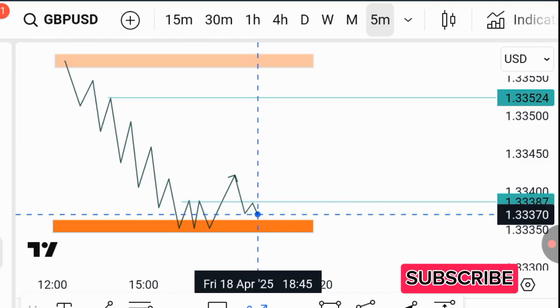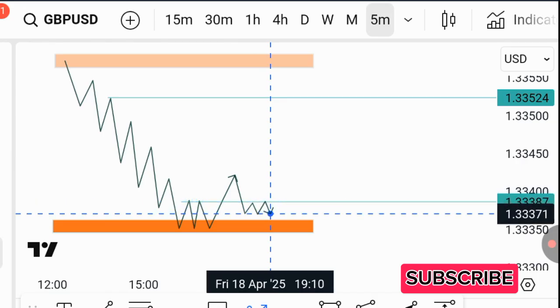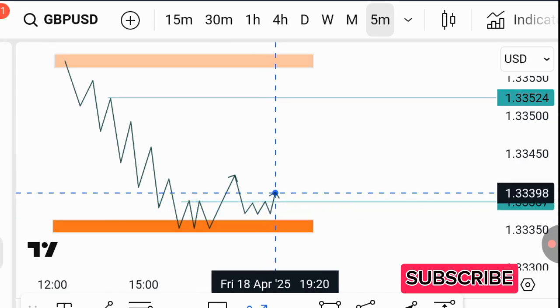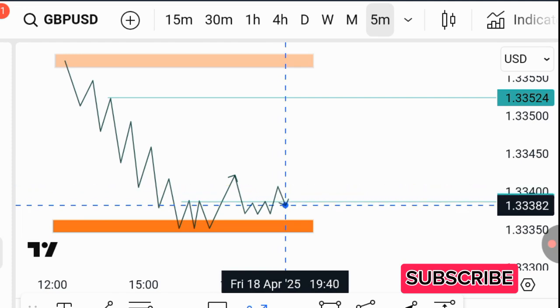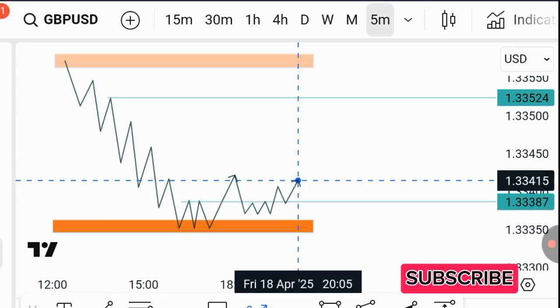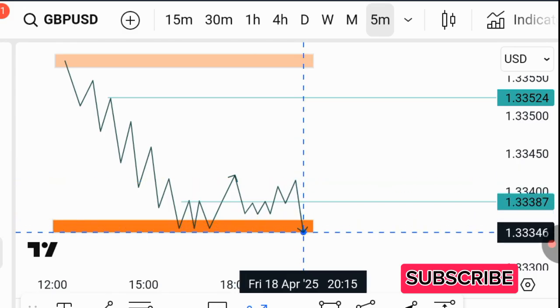It comes, consolidates for a while, after a consolidation for a short while, maybe double bottom or triple bottom, and then it broke to the upside, retraced, and then you're looking out for a continuation. Then eventually price will shoot down, right?